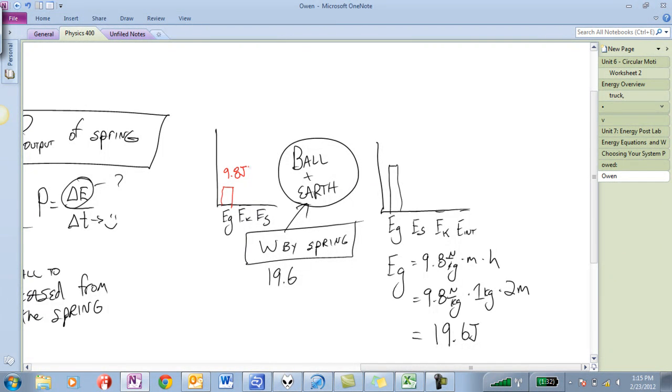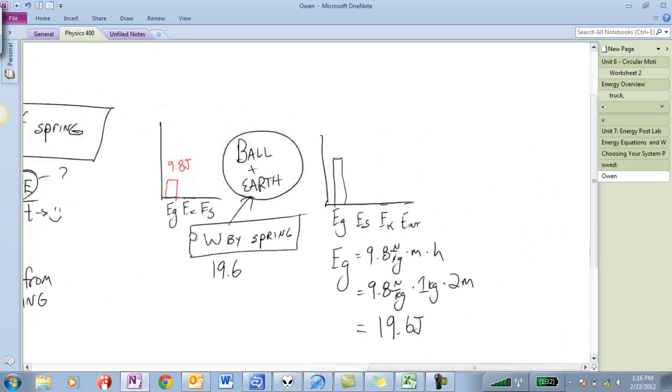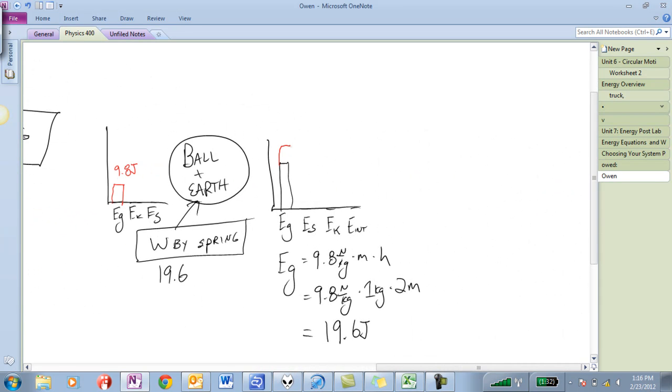What's interesting about this is then in our second diagram, we are 1 meter above the ground than we normally were, right? If this was our 0 marker, we are now 1 meter above the ground than we normally were, which means this value right here is just going to have 9.8 joules more associated with it.